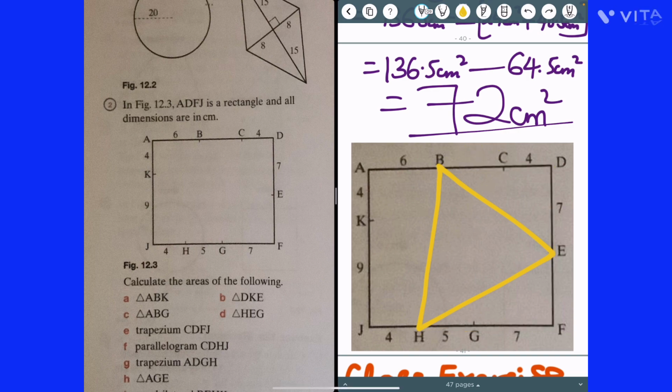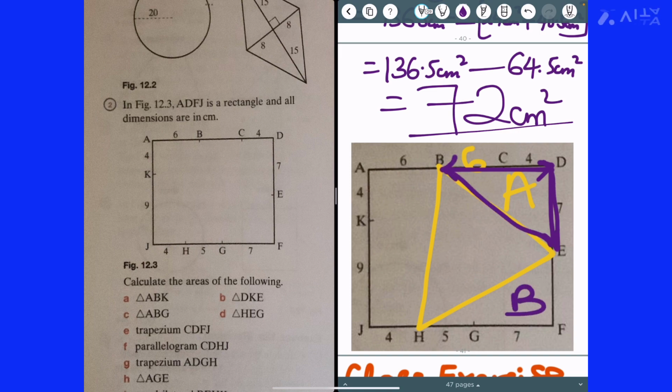After getting the area of the trapezium, I will now find the area of triangle A. This side is 6. The area of triangle A, this triangle, will be half base times height. Let me change my ink to purple. The base is 10, the height is 7. I'll find that. Then find the area of triangle B also.